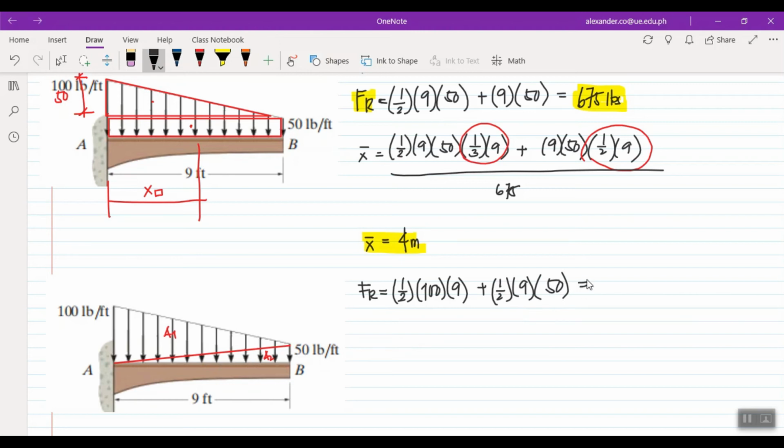So 100 times 9 divided by 2 plus 9 times 50 divided by 2 gives the same answer, 675. Which is easier for you? You'd probably choose the one above, but I prefer this second method. This is method number 2.